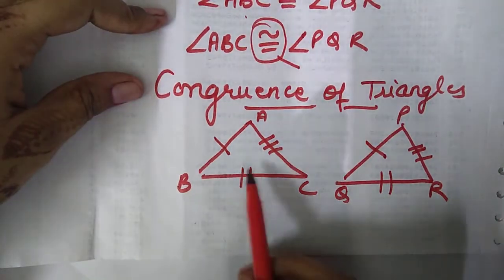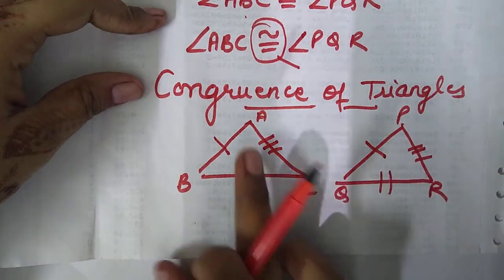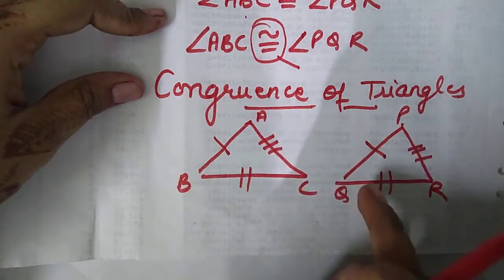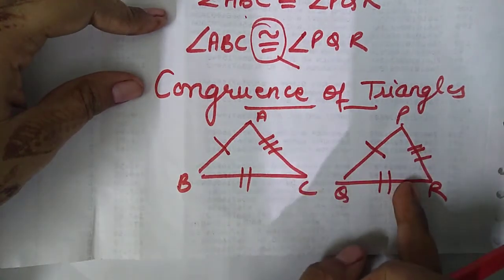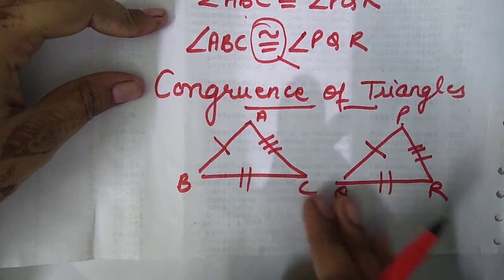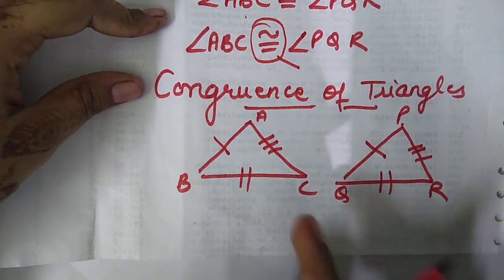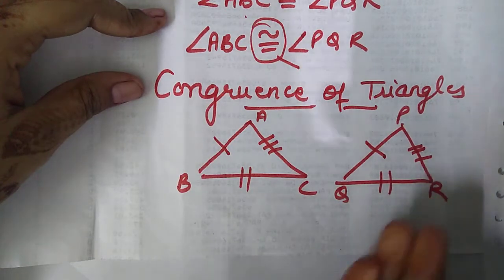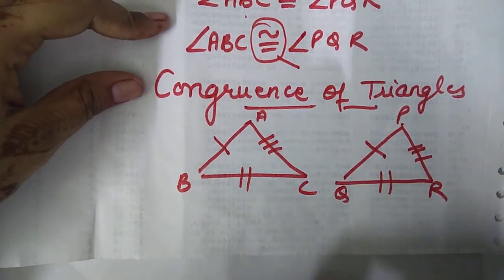So these two triangles, ABC and PQR, are such that if the trace copy of one triangle is placed onto the other, they fit each other exactly. That is, when one triangle is superposed on the other, they cover each other exactly.